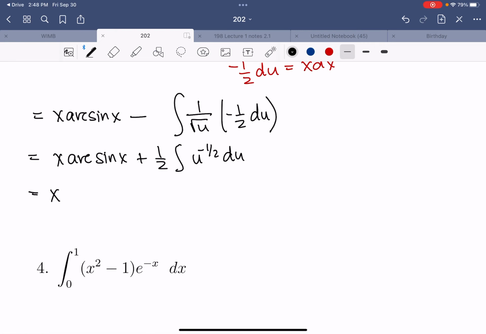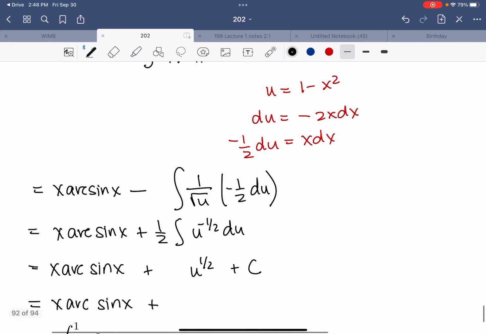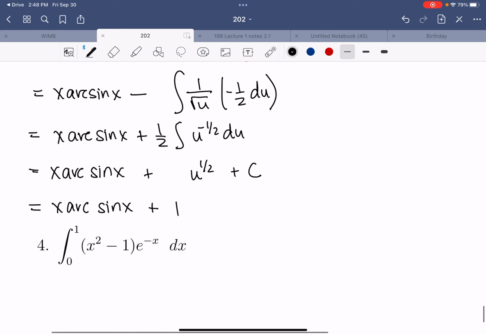That gives us x arcsine x. All right, now increase the exponent by 1, takes us to u to the 1/2 times 2. And so the 1/2 times 2 goes away. And we're going to add a constant on there. And then we want to sub back in for our u. So our u was 1 minus x squared, with a square root, plus a constant.